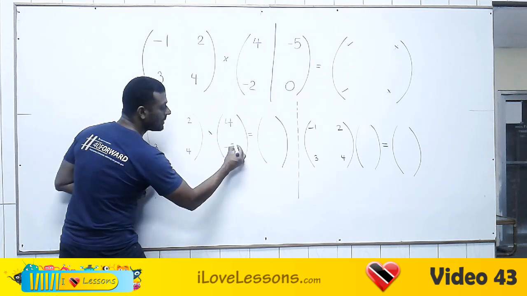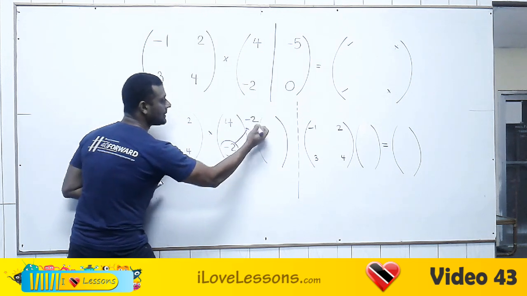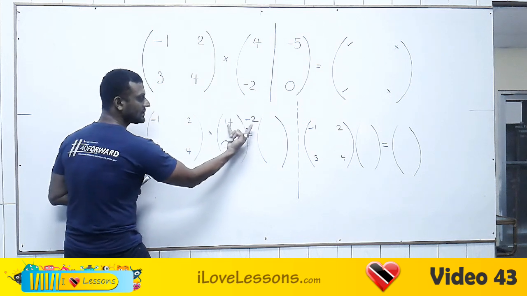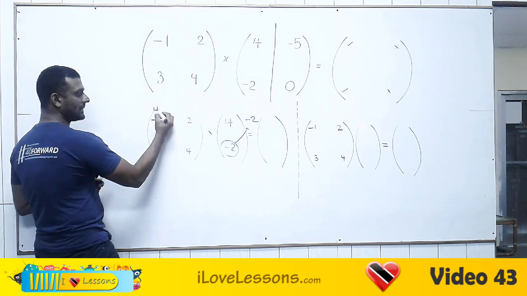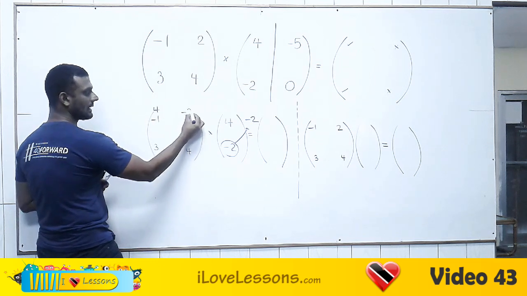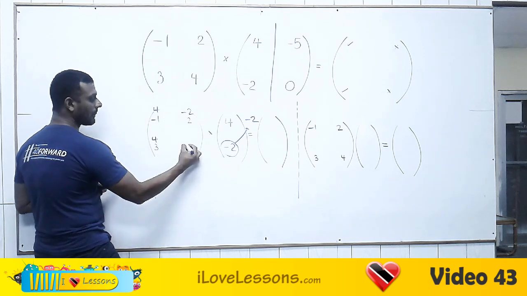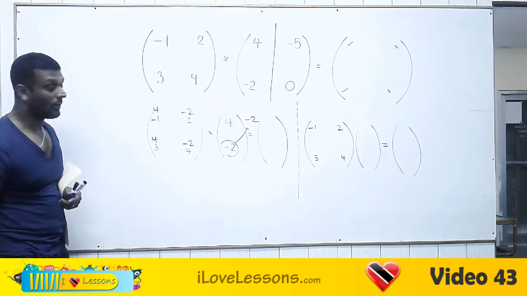What we would do, we would take the minus 2 and let it swing up to the top. These 2 numbers, 4 and minus 2, will walk across. And we'll put it over the minus 1 and the 2. The 4 and the minus 2, we also photocopy it underneath or above the 3 and the 4.